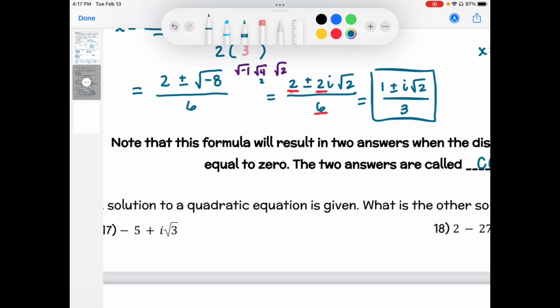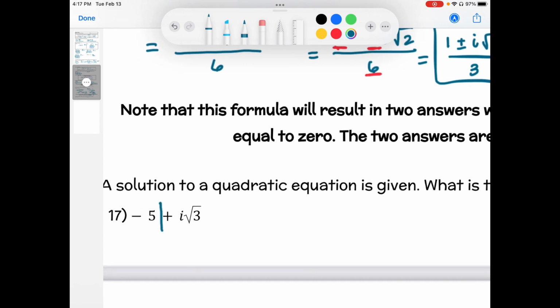So whenever you have something that includes an imaginary number, they always come in groups of 2. So the only thing that you change to get the second part of that pair is the sign in front of the i square root 3. So we would leave that -5 the same. And because it gave us plus, we know it also has to have a minus.